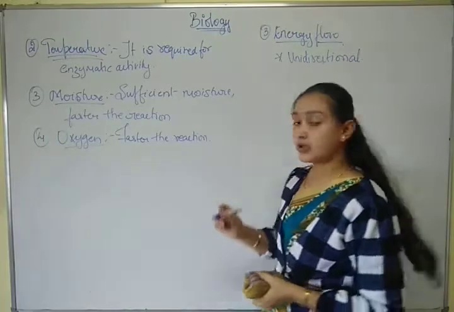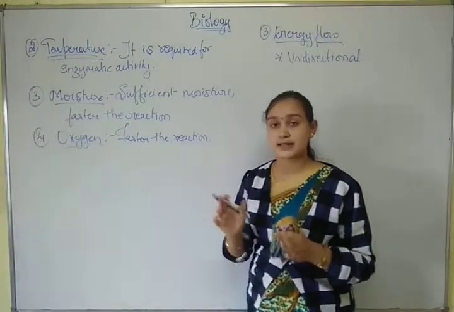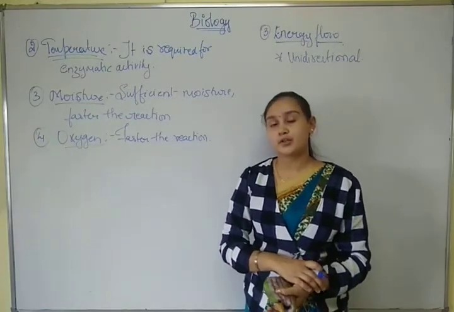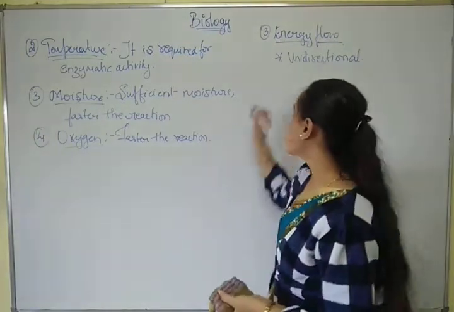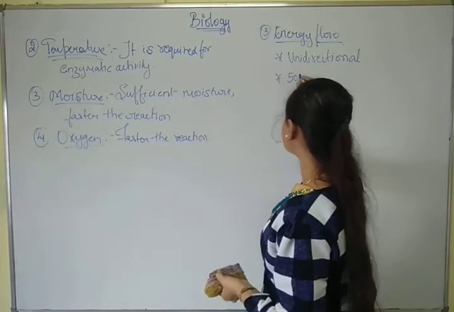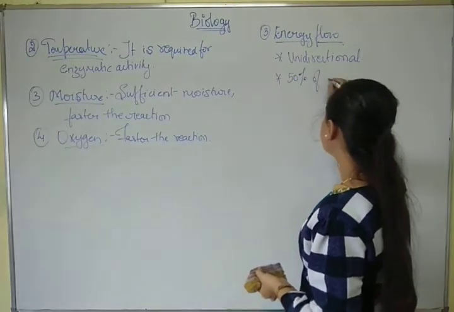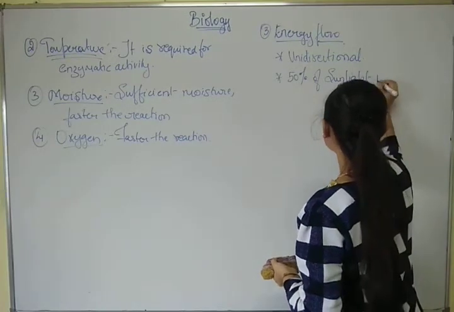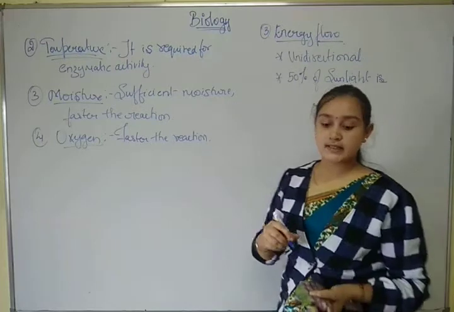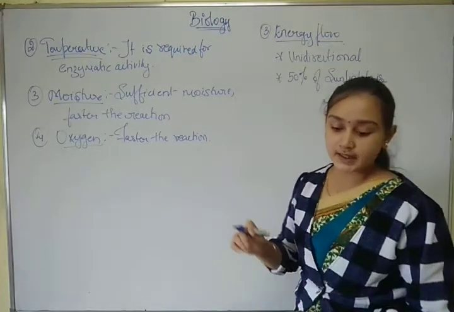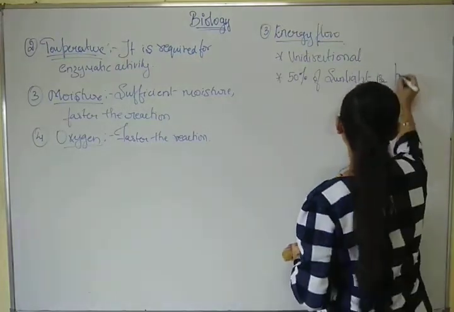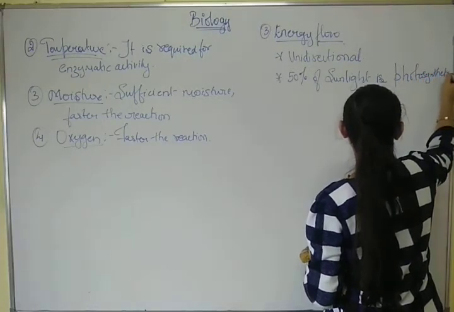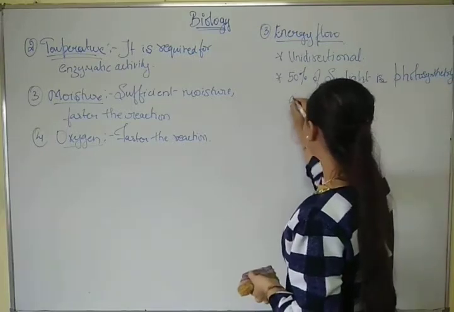Here, not all of the sunlight, which is 100%, is needed for the process of photosynthesis. Just 50% of sunlight is photosynthetically active.